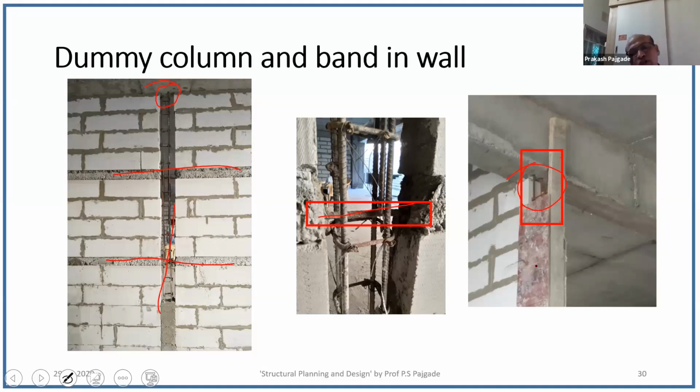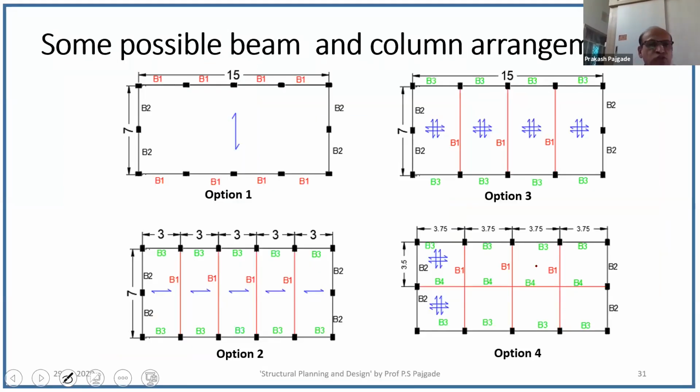So these are all important points which you must consider. So either we must have closely spaced columns so that unsupported length of the panel will be divided and panel will be safe. Or if it is not possible, then for making this wall safe, we'll have to construct some vertical and horizontal bands.